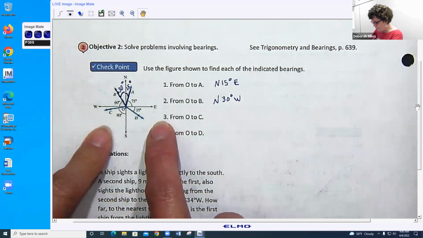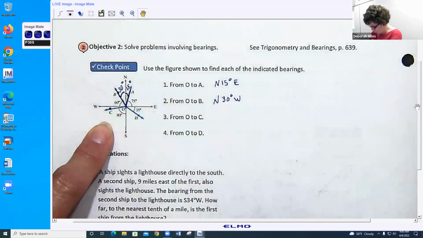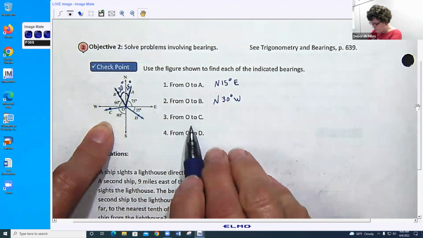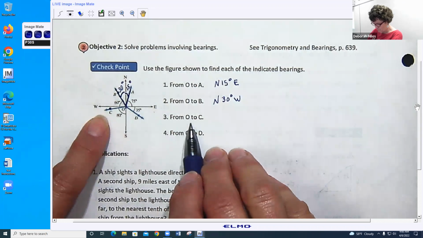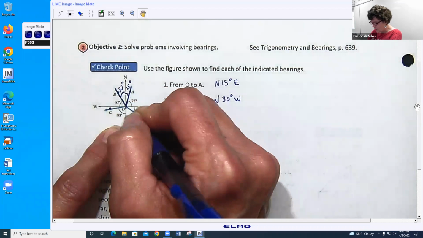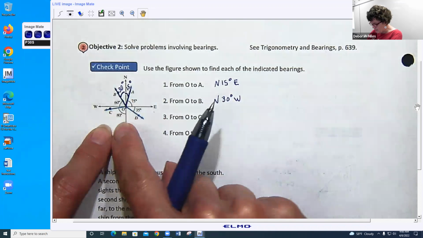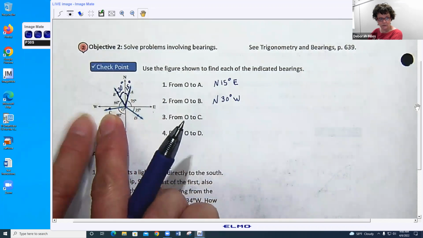All right, from point O to point C. How far are we from the north-south line at point C? We're actually given that distance. We don't have to subtract it. We are 80 degrees to the left, which means which direction?